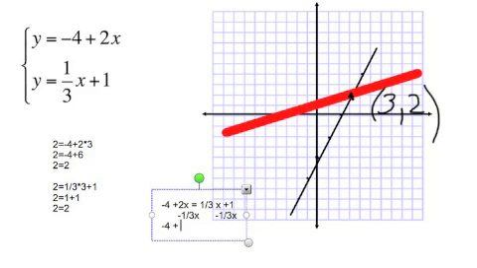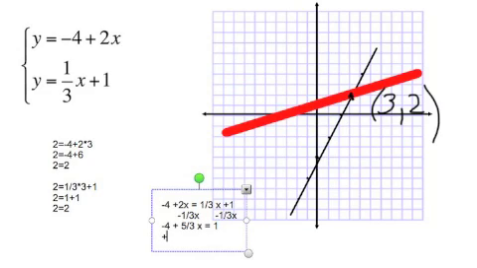That 2 will actually become 6/3 x. So 6 minus 1 is 5, so that will be 5/3 x is equal to a positive 1.